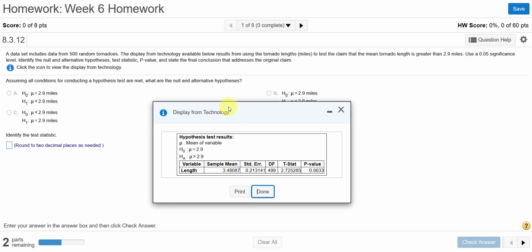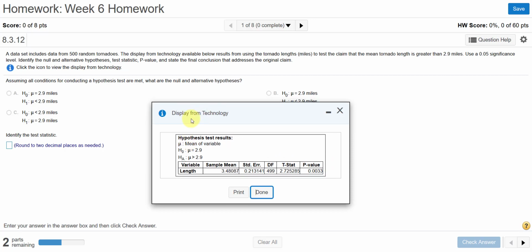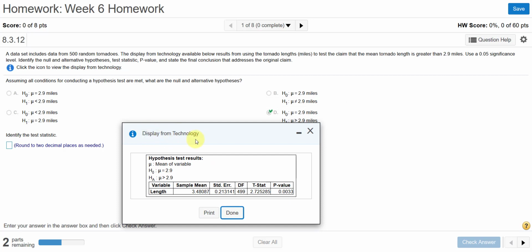Actually, it's already displayed for you with all the values. They give you the standard deviation, the sample mean, everything, even the p-value. So actually this problem is very simple. They give you all the values in the display from the technology.